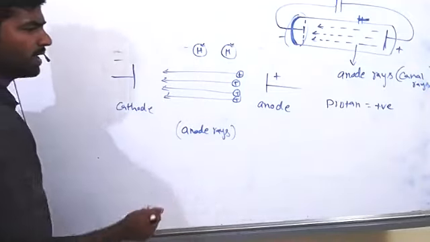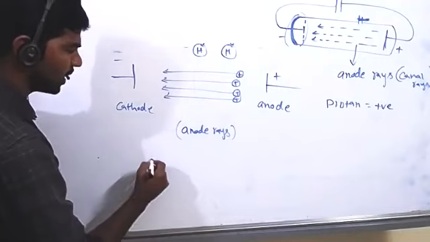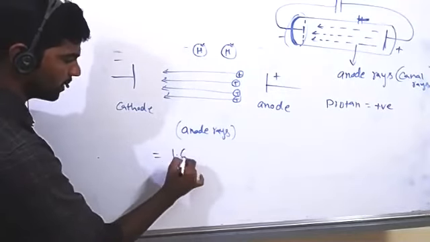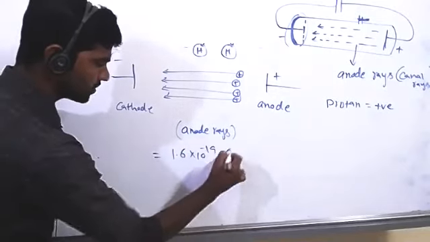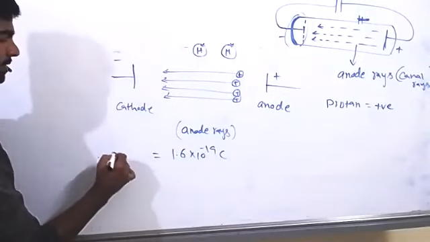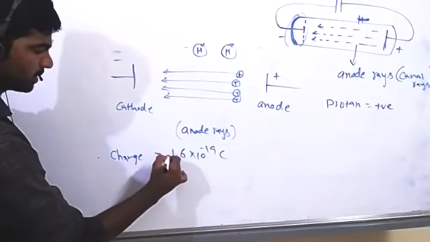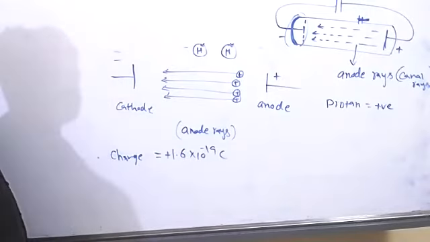And if we calculate its charge, it also gives the same charge, 1.6 × 10^-19 coulombs only. Electron and proton both have the same charge, but the proton carries positive and the electron has negative charge.